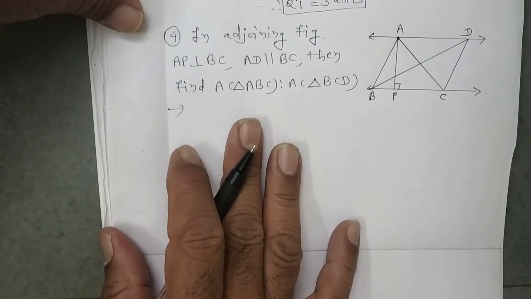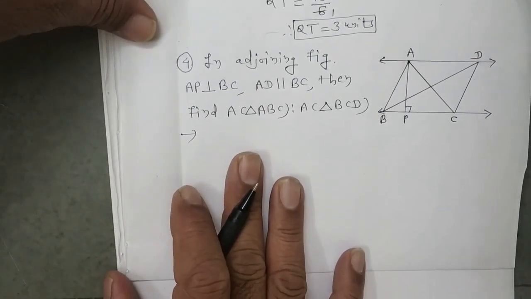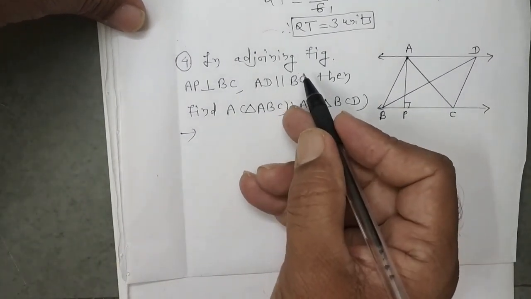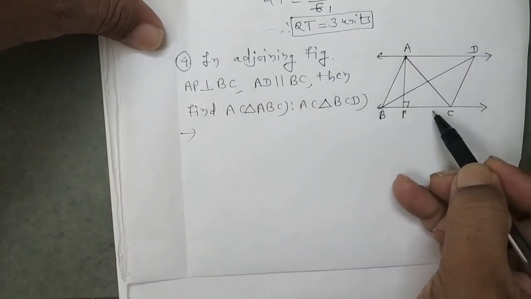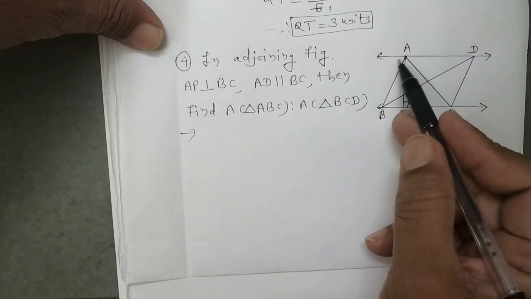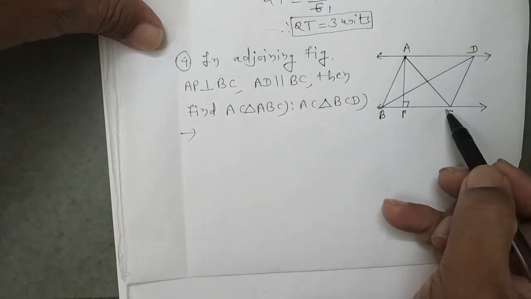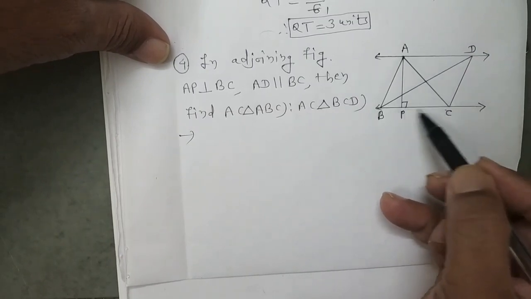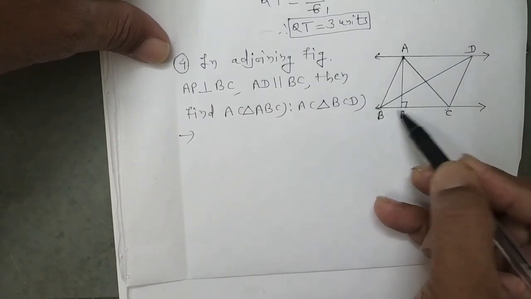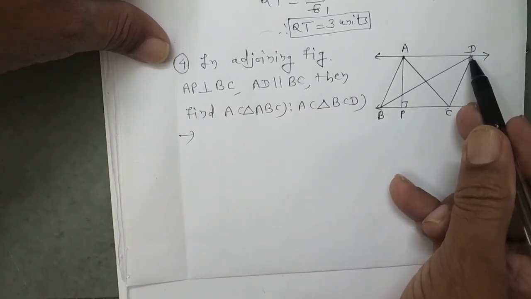Now fourth example is, in the adjoining figure, AP perpendicular to BC and AD parallel to BC. Then find area of triangle ABC is to area of triangle BCD.